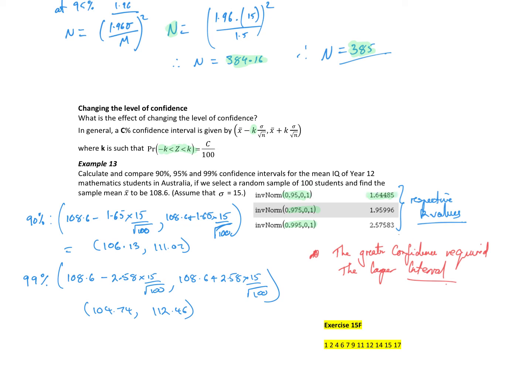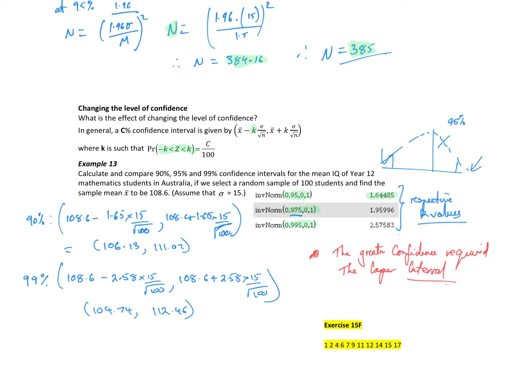Sorry, for 90% of my data the value is 0.95, because what we're saying is, if we just do a quick graph sketch, that's 95% there, which means I have 2.5% either side. And that's where 2.5% is 0.025.